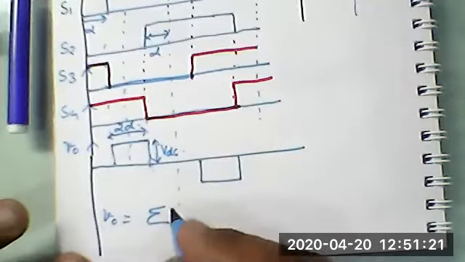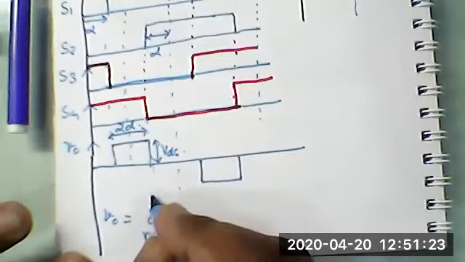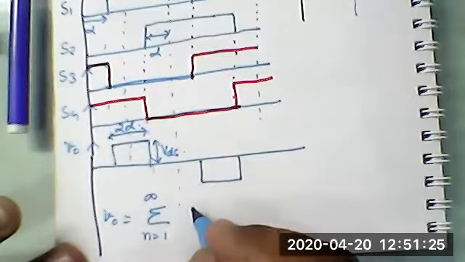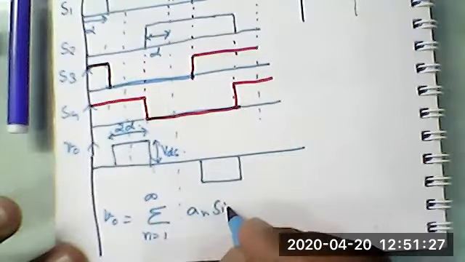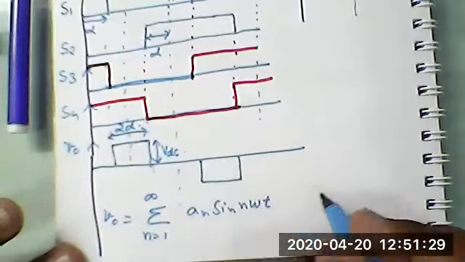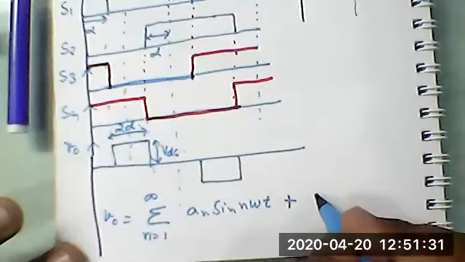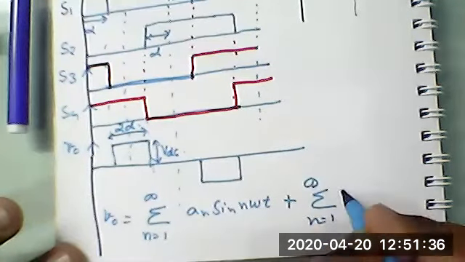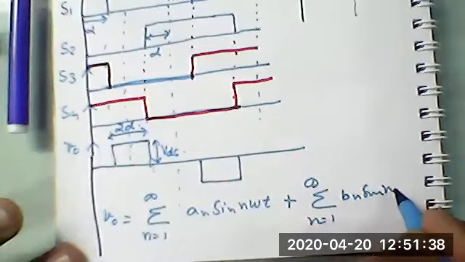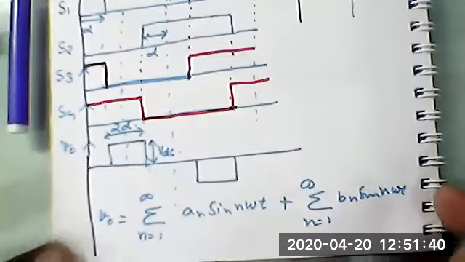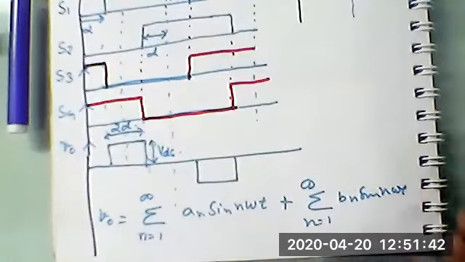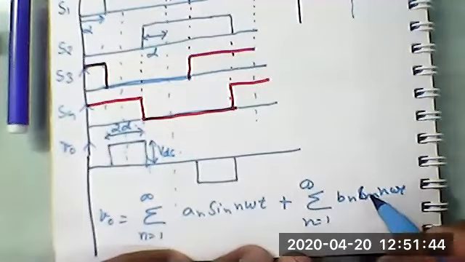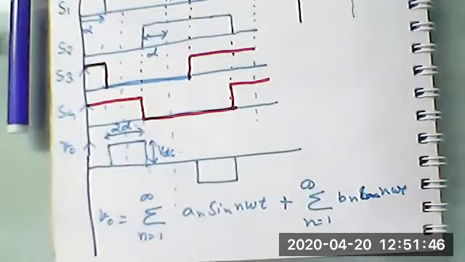So it would be summation n equal to 1 to infinity a n sine n omega t plus summation n equal to 1 to infinity b n cos n omega t.